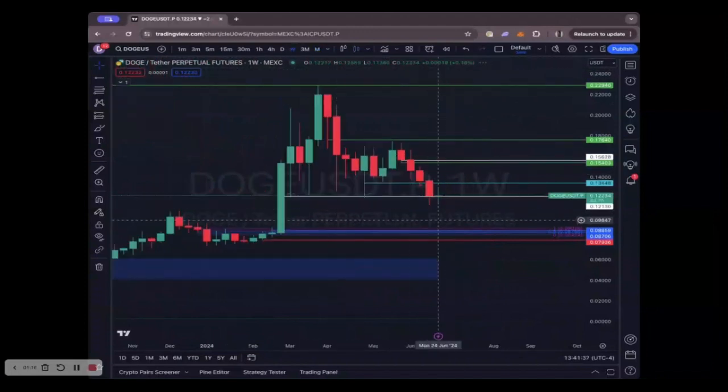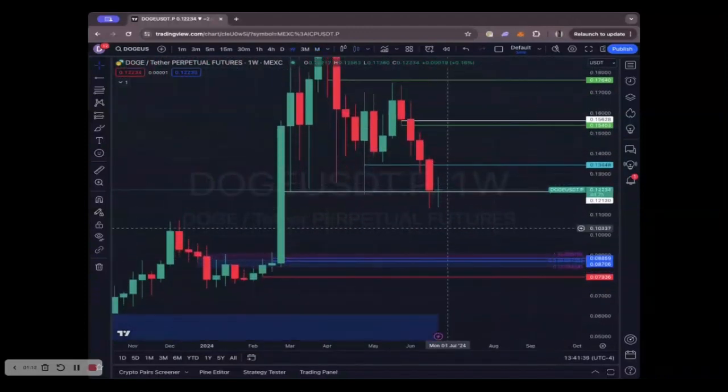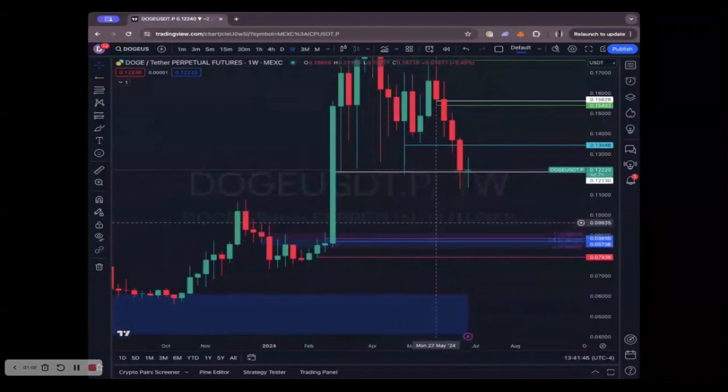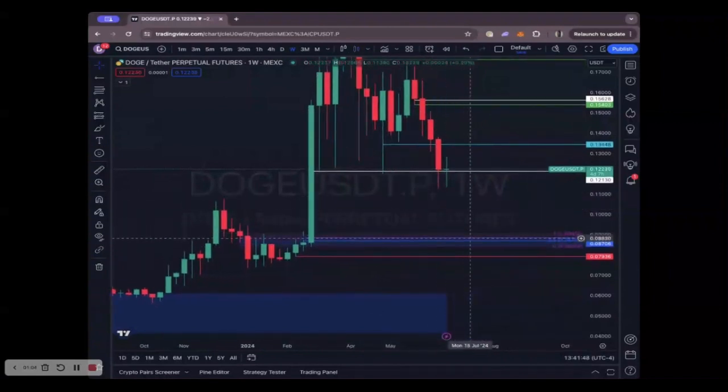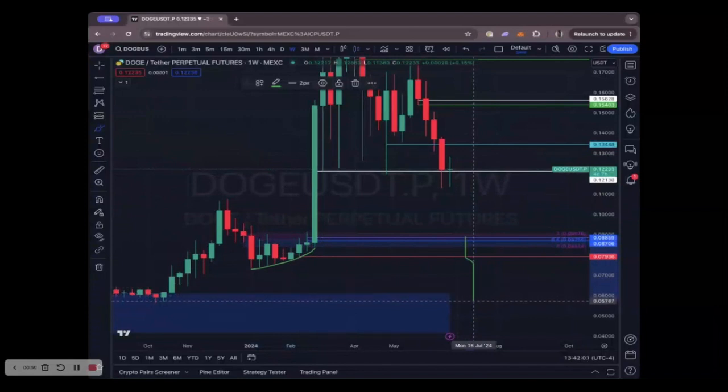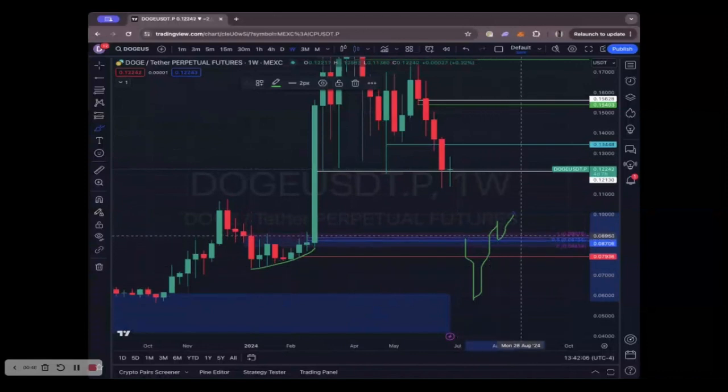But if we wick down into my levels, the 8.7 range, so 8 cents and 8.7, I am not playing this with limits. Because of how smooth this liquidity is right here, as soon as price gets this low, we could easily wick through all of this and still close back above. If that happens, that'll be when I actually take the long.